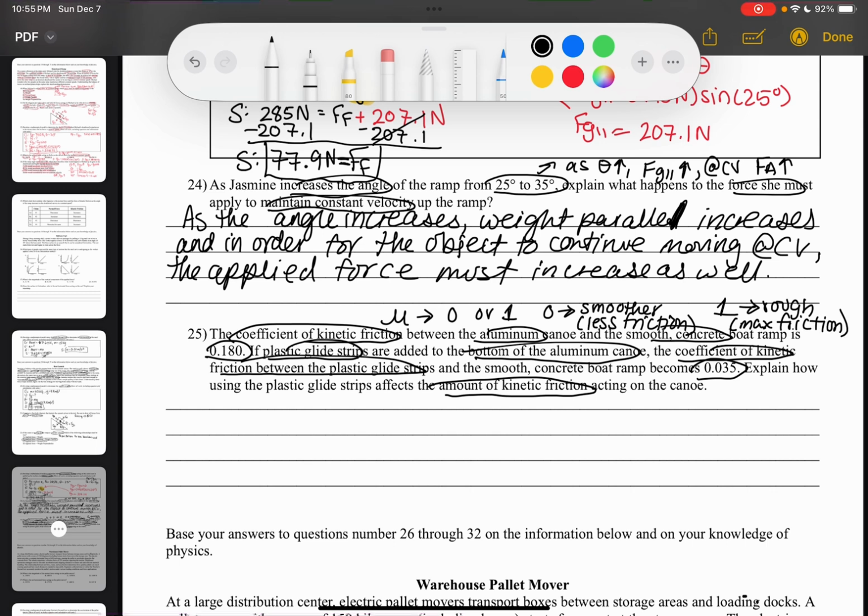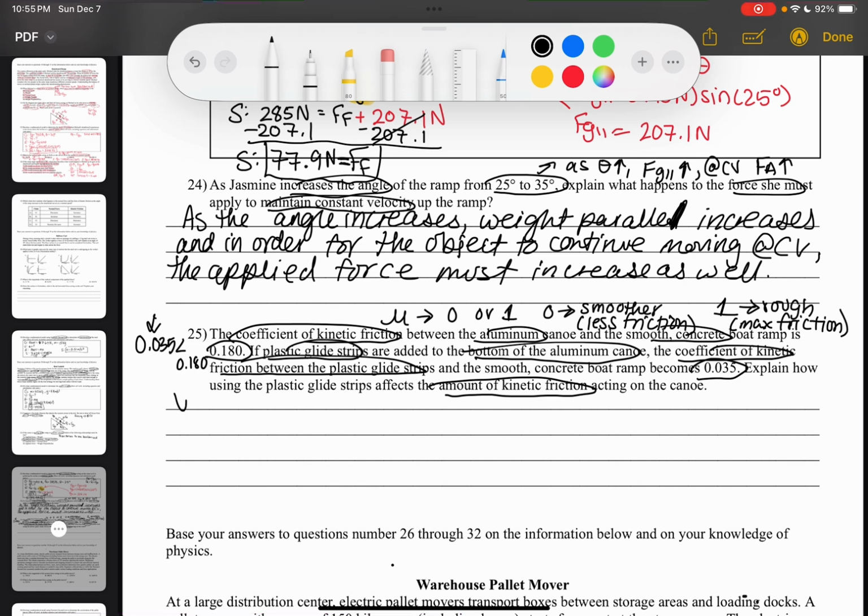So again, closer to 1 is very rough, and closer to 0 means very smooth. So if we take a look at these numbers, we see that 0.035 is much smaller than 0.180, right? So this number is obviously closer to 0, meaning that the amount of friction is reduced compared to what it once was.